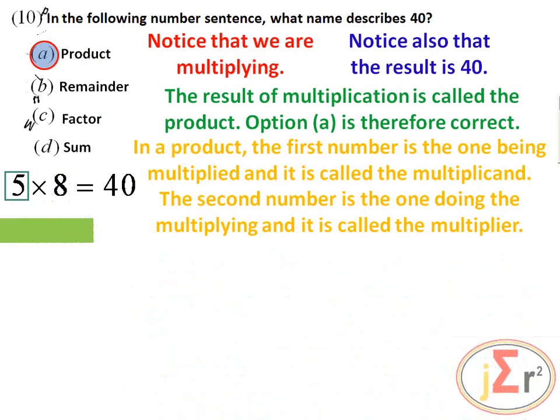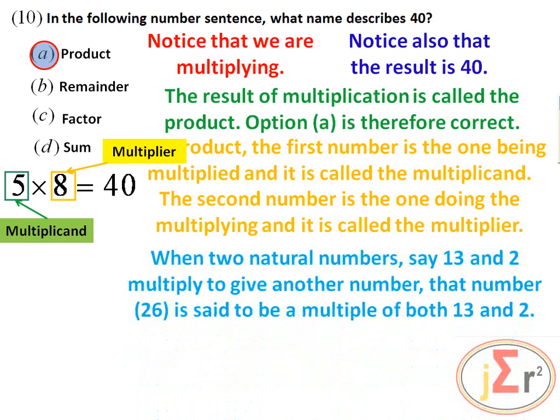The first one is the one that we are multiplying. It is the multiplicand. And the other one is the one that is doing the multiplying, and it is called the multiplier. And the result is called what, Jerry? Product. Right, so the result is called the product.